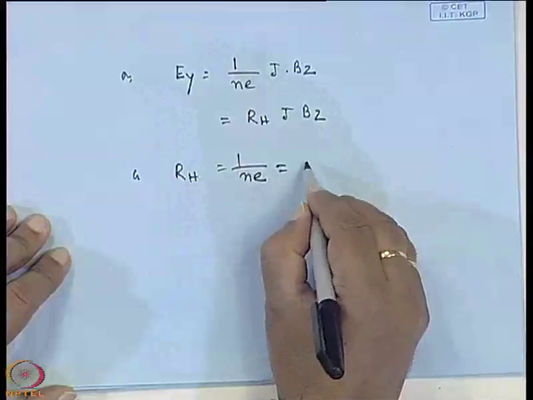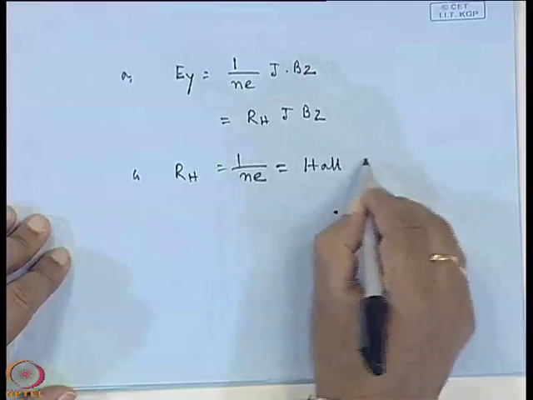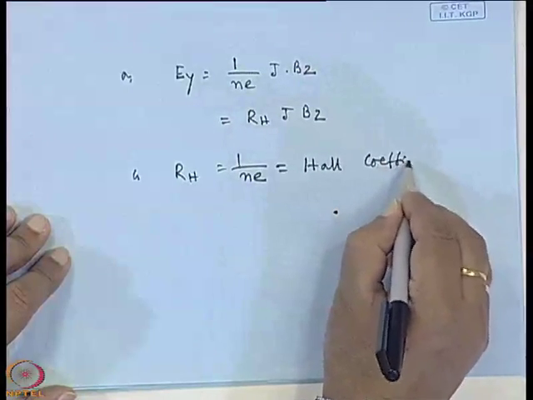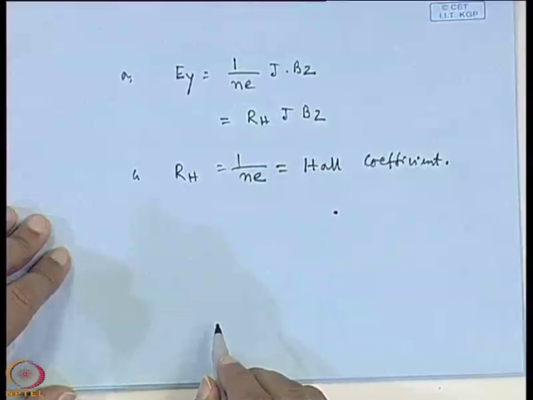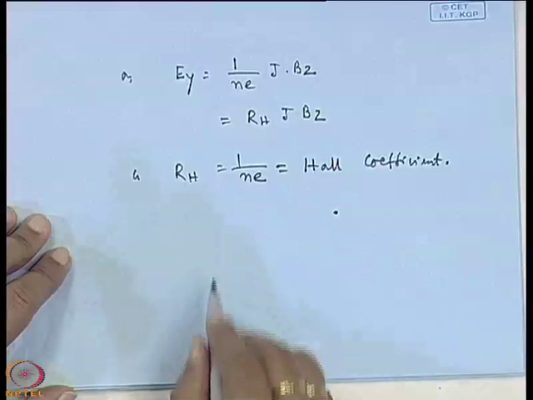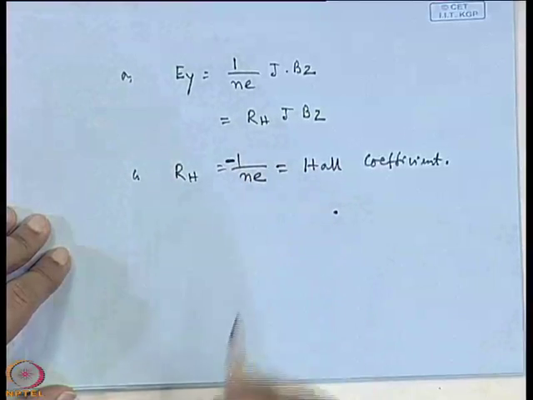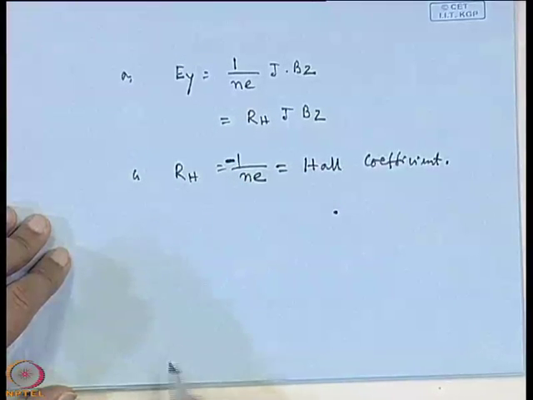This is known as the Hall coefficient. Obviously, if this is an n type semiconductor, this will be negative, because the charge is negative.